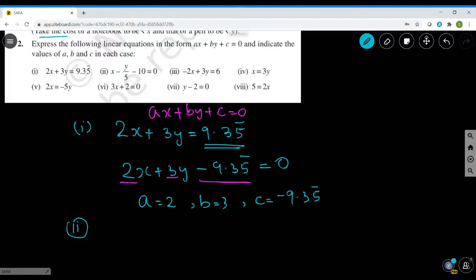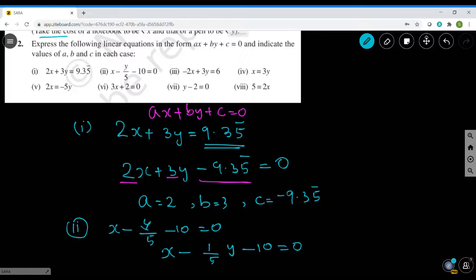Okay, then the second question: x minus y divided by 5 minus 10 equal to 0. This is nothing but the form we know, ax plus by plus c equal to 0, the same model itself. So we can write with a small change: x minus 1 by 5 y minus 10 equal to 0.